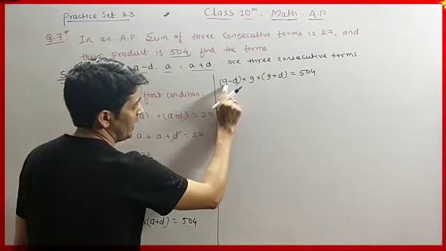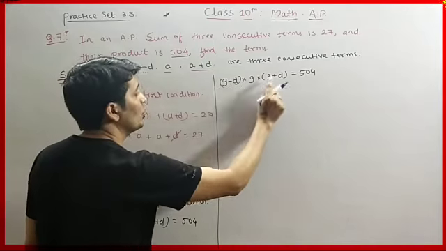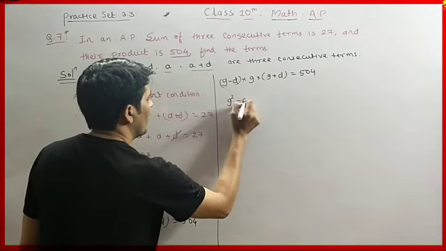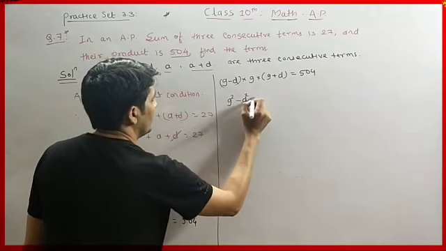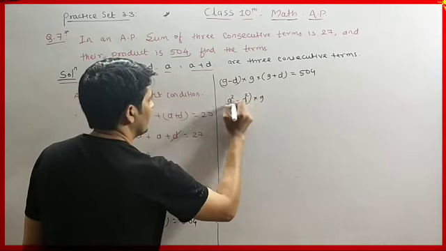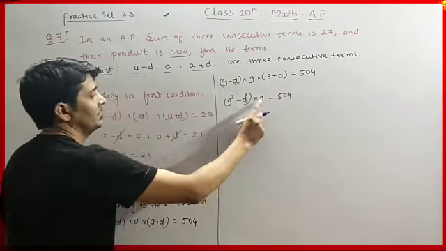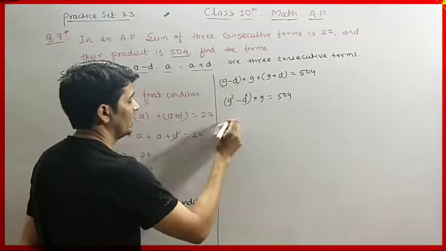See here, we have 9 minus D into 9 plus D, which will be 9 square minus D square, into 9 equals 504. See, this 9 we are going to transfer to the other side.